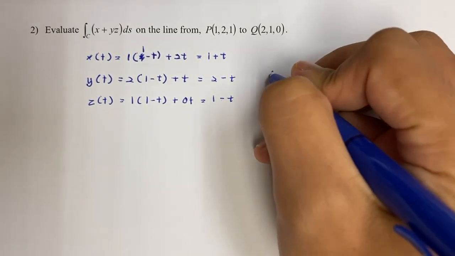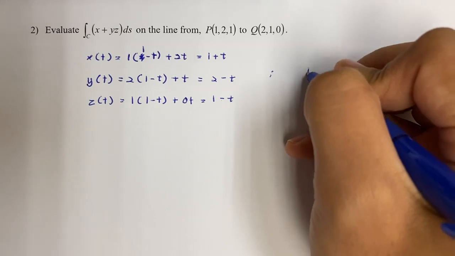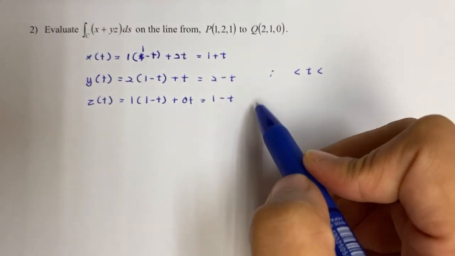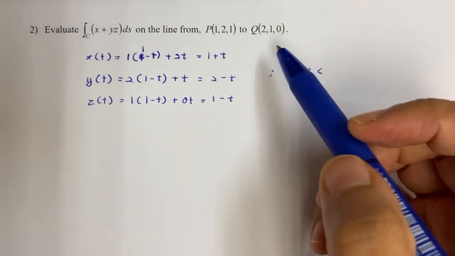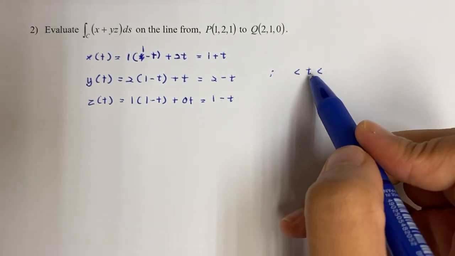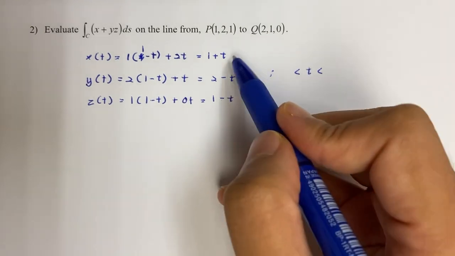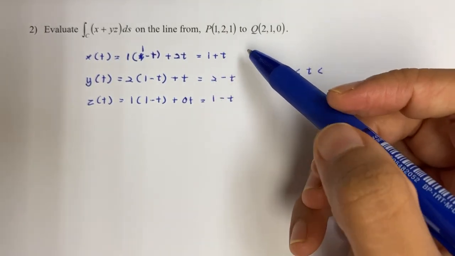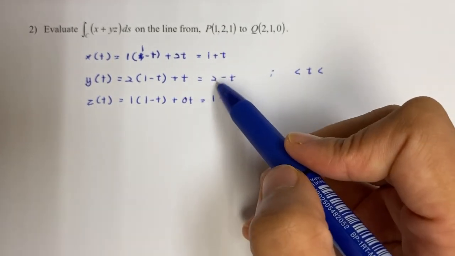And then for the range of t, for these three parametric equations, what is the value for t? When I substitute 0 into each equation, I got 1, 2, and 1.